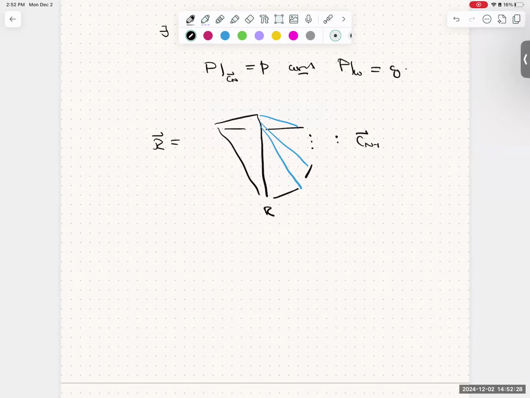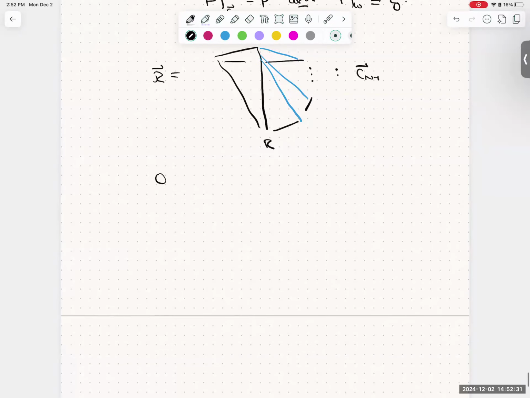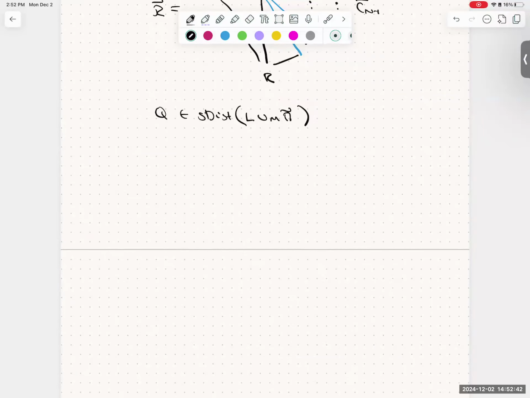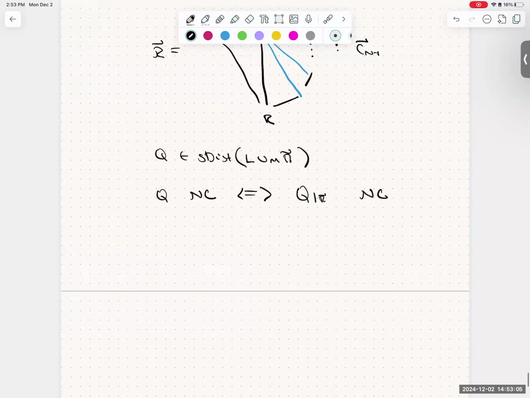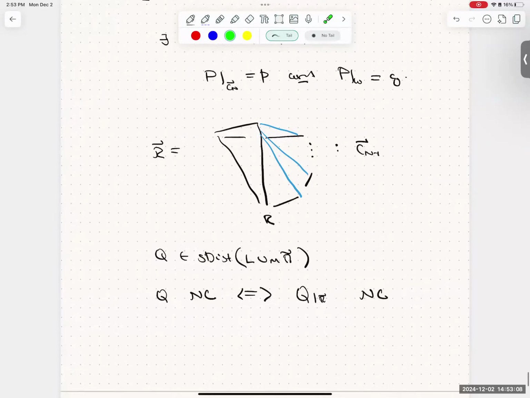So what you end up wanting to prove is that if you have some Q on L, M, R tilde, then Q is non-contextual if and only if Q restricted to R tilde is non-contextual.